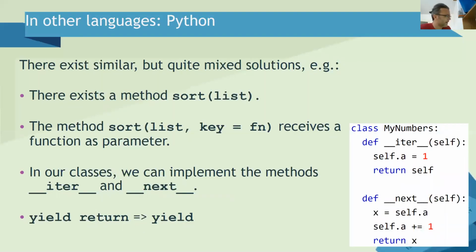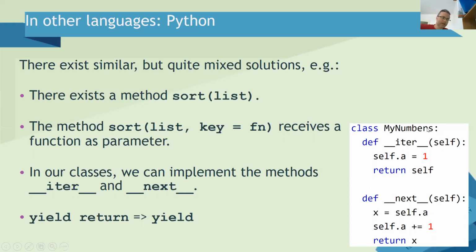In Python, the situation is the same. I guess you would mention that Python also provides multiple inheritance. Therefore, it doesn't need interfaces either. So in Python, you also have to use mixed solutions, but it's very easy to implement iterators in your class. Just look at this example. So here is a container class, MyNumbers.